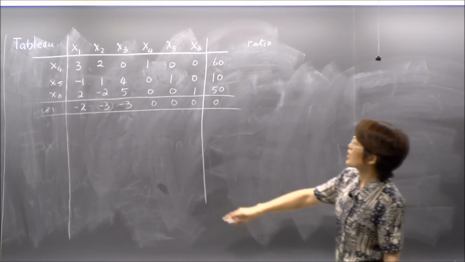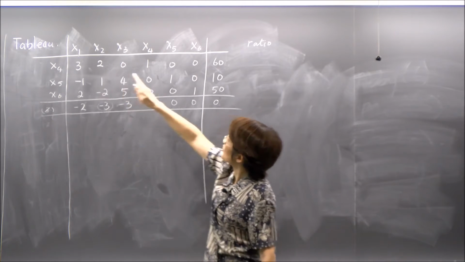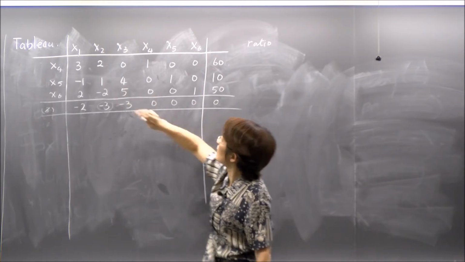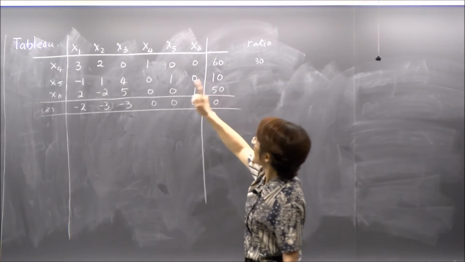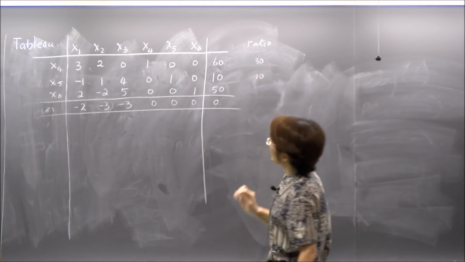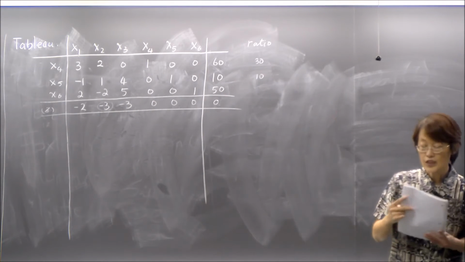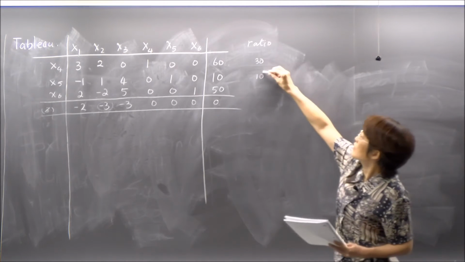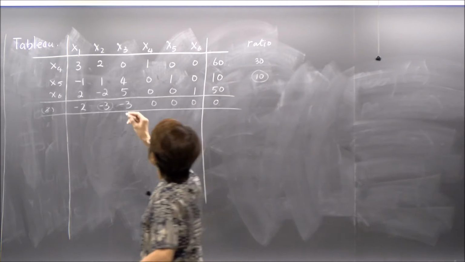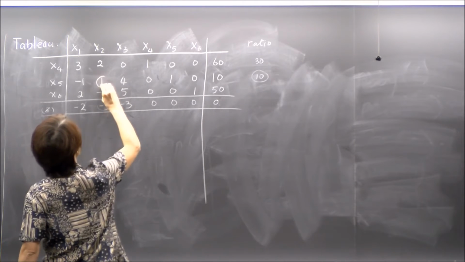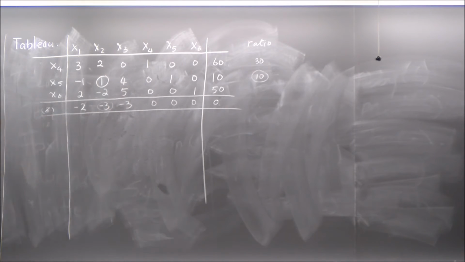Okay. So for this one, I will be computing 60 over 2. I get 30. And then for this, I'll have 10 over 1. I'll get 10. So which is smaller? 10 is smaller. Is that right? So this guy will be chosen, meaning I will be pivoting right here.